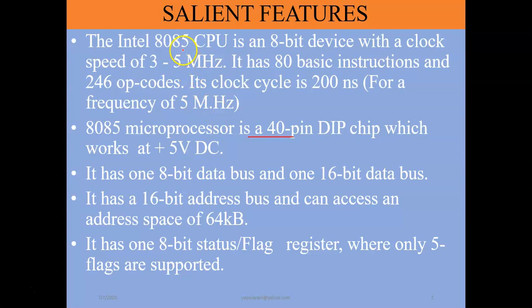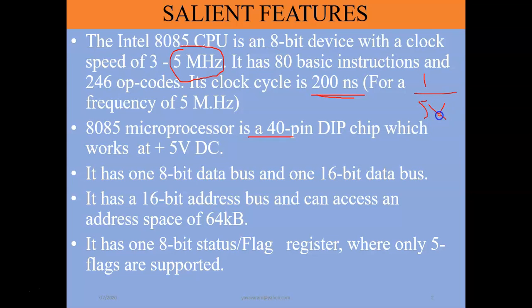Once it is working at 5 megahertz, what will be its time period, the time of execution? It is 1 by 5 megahertz, which is 1 by 5 into 10 power 6.